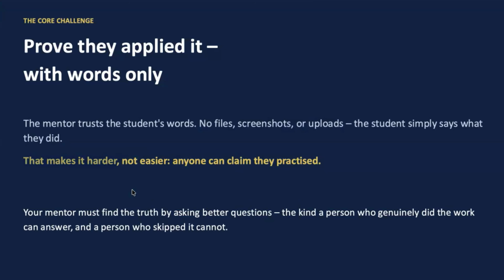This is easier, because if we take any LLM that is capable of computer vision, then of course it would say, yes, the formula is there, so we may continue. Then you have to find the truth by asking better questions.